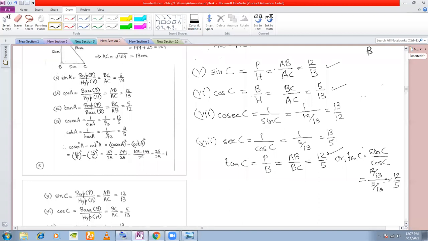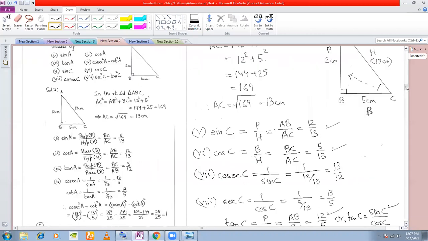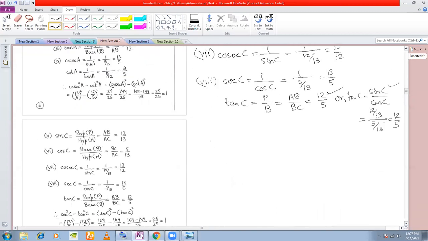Either you do it this way or this way, same thing. So once we have calculated sec C and tan C, now we need to find sec square C minus tan square C. Therefore, sec square C minus tan square C is equal to sec C whole square minus tan C whole square.